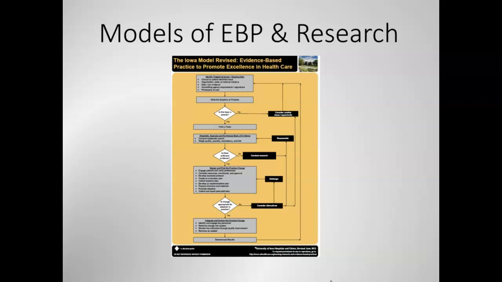It talks about the number of steps and how to implement them. So the Iowa model is something that's really helpful whenever you're trying to decide, would this be a good project in an evidence-based project that you might want to do. So you can Google for this, or your clinical education specialist can provide this to you.